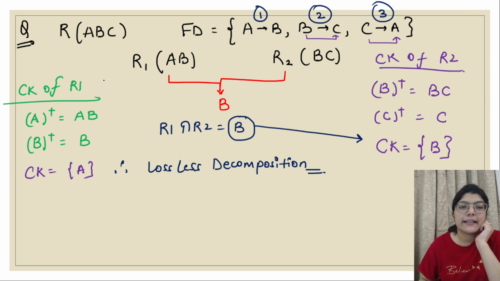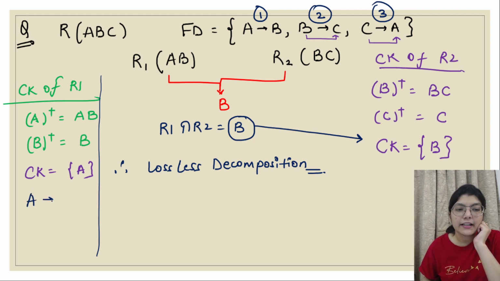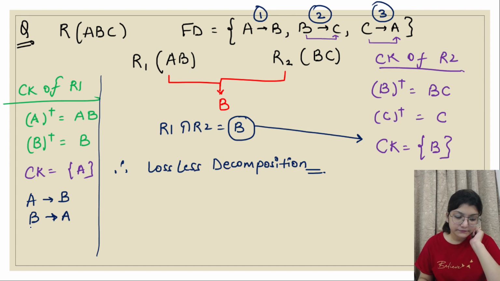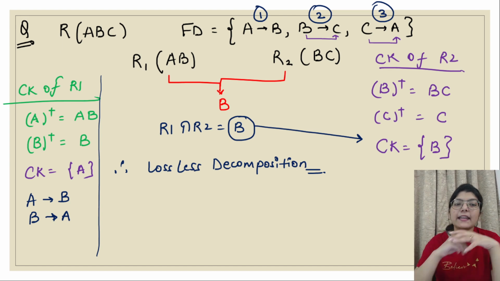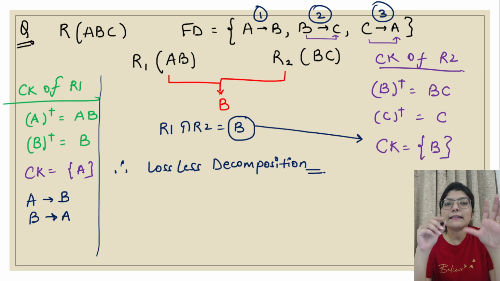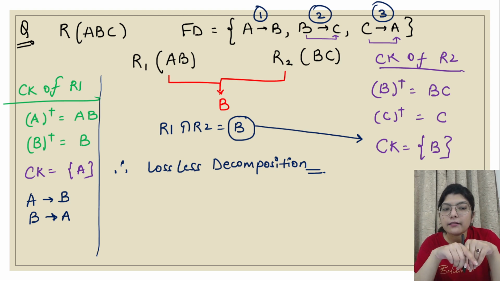If I take R1, which has A, B only, what two dependencies do I have to keep in check? From R1, I have A to B as one dependency, and the next one is B to A, right or not? Why A to B and B to A? Because I am getting A to B, and via C I can get B to A.